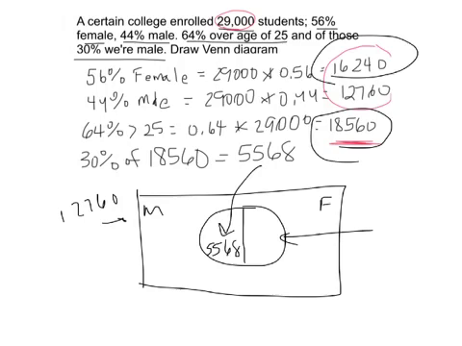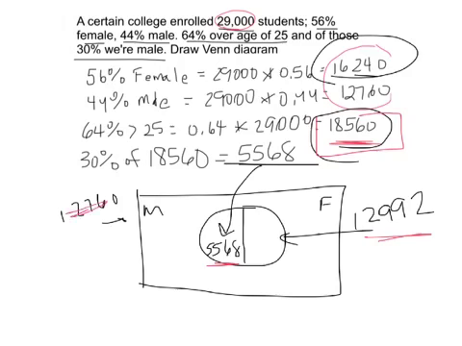So the easiest thing probably would be to take this value and subtract the number of males, and you should get 12,992. Okay, so in other words, if you add these two values together, you should get this total, the 64%.